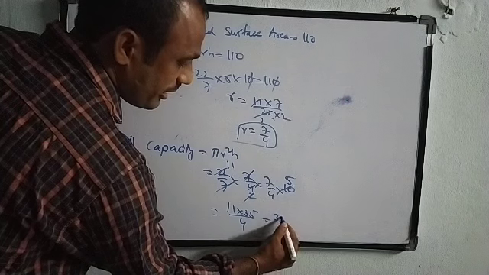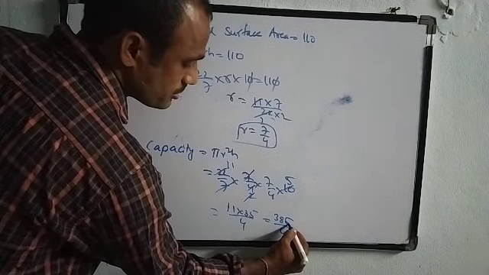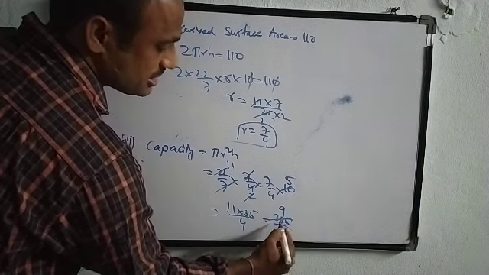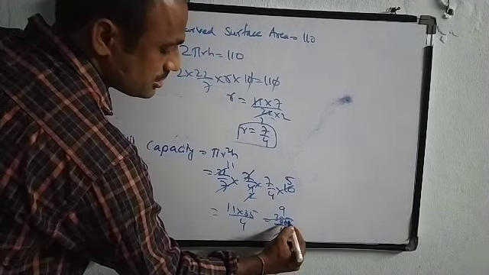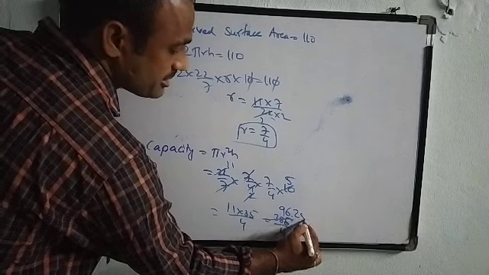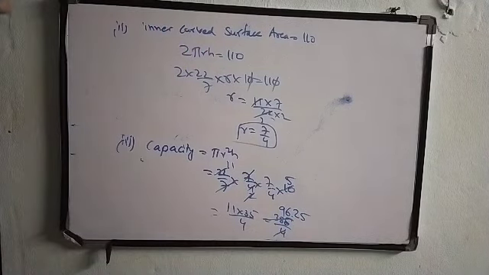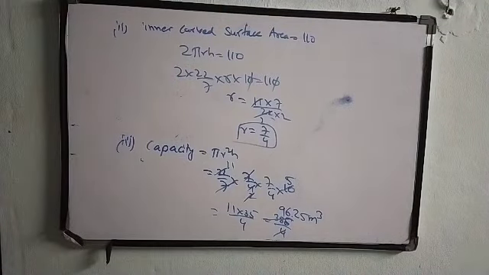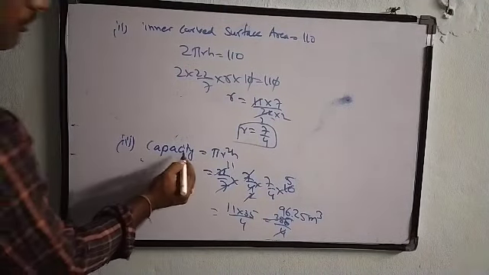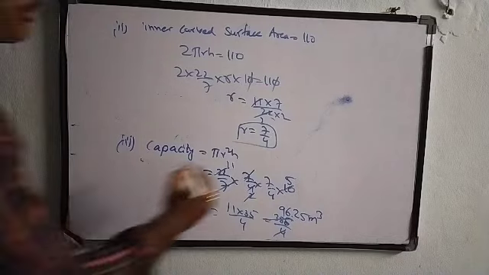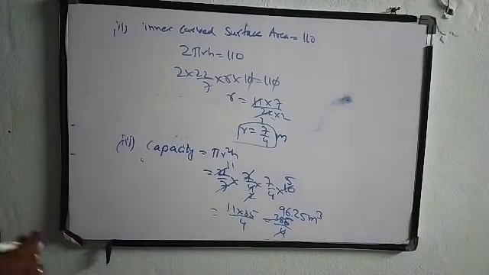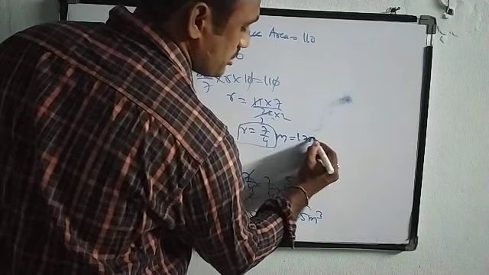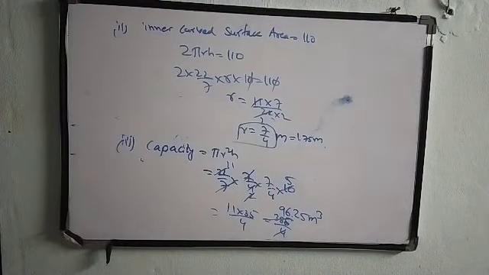That is 385 by 4. So if you simplify, 4 9s are 36, 4 6s are 24, 96.25 meter cube, this is the volume. Since capacity, it will be in terms of meter cube. This is meters. So we can write this as 1.75 also, 1.75 meters.